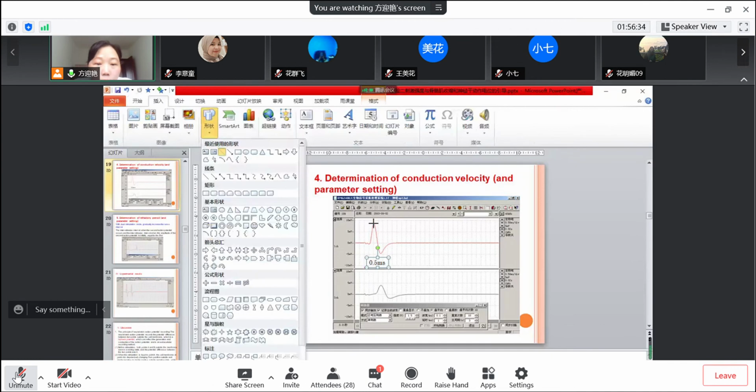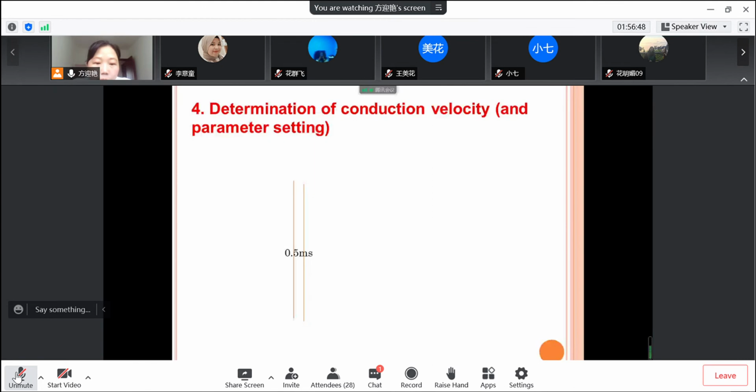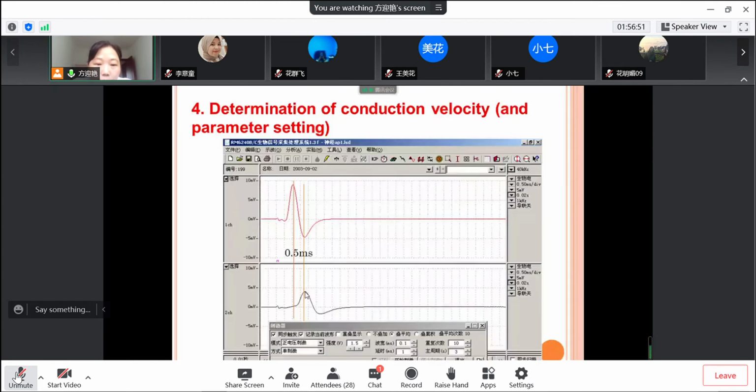You can see this point, and this point, and this point, where the action potential is produced, first at channel 1, then channel 2.